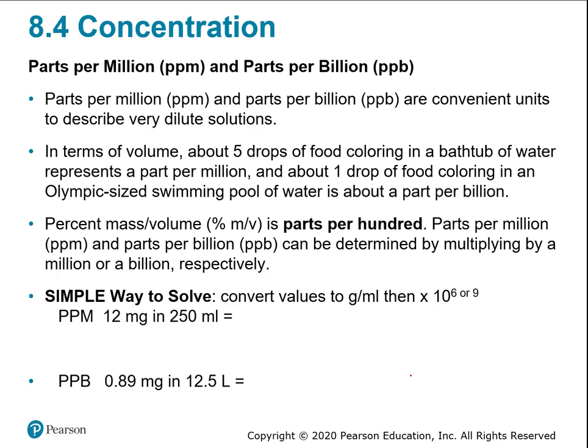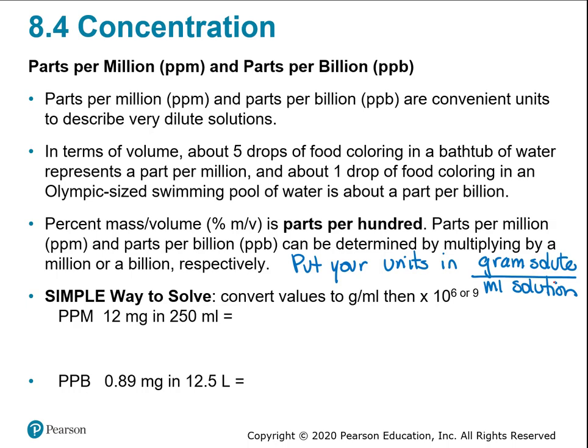Ways to solve this, what you always want to do is put your units, sorry, not your answer. Put your units in grams of solute divided by milliliters of the solution.